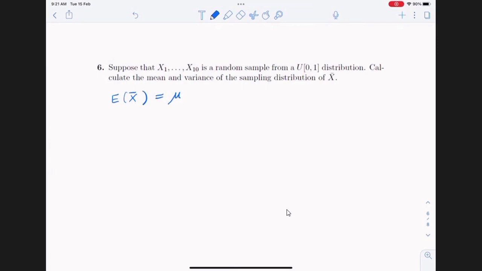Now, sometimes students may easily get confused with this so-called mean of mean. What does it mean? That means, suppose every one of you tries to draw 10 numbers from the uniform distribution from 0 to 1. And because you are randomly drawing the numbers, every one of you will draw a different set of 10 numbers. Every one of you can compute a sample mean, but your sample mean will not be the same as the other sample means.